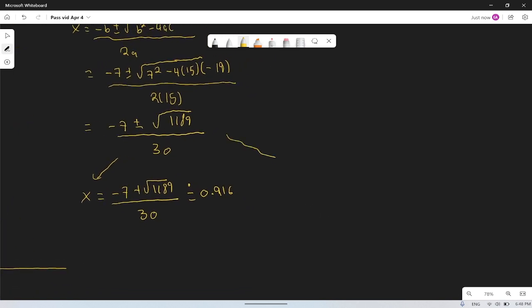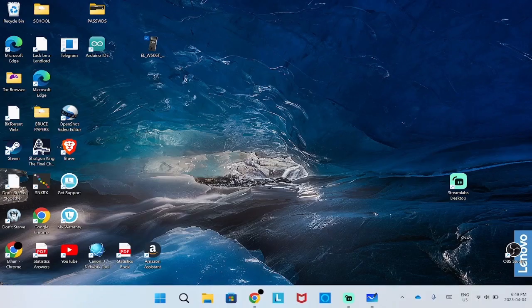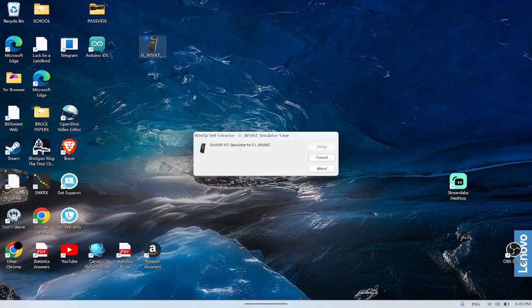And then we also have x equals negative 7 minus the square root of 1189 all over 30, which is approximately negative 1.38. And then we can check our answers here. Let's pull up my virtual calculator again.